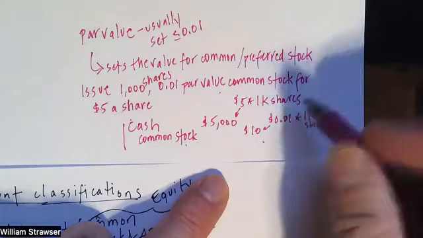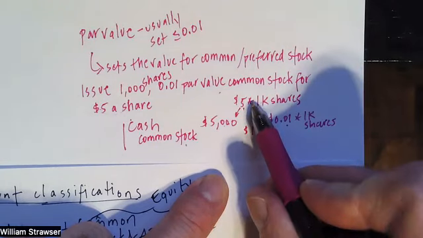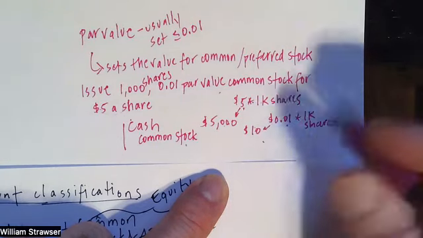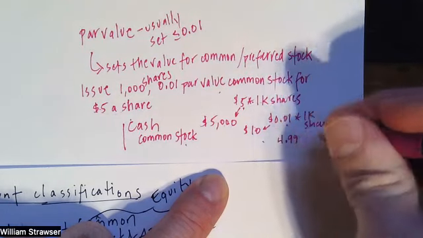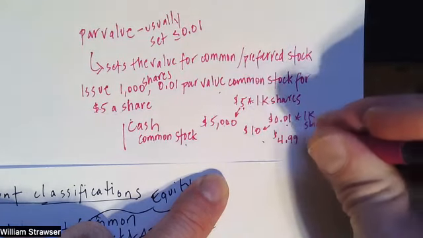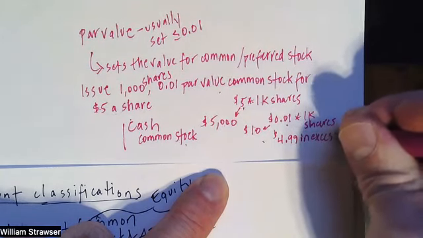Or you could say each one was sold for $5, of which 1 cent is the par value. That means that it is $4.99 per share above par value, or in excess of par.